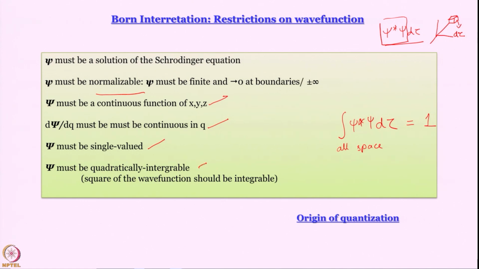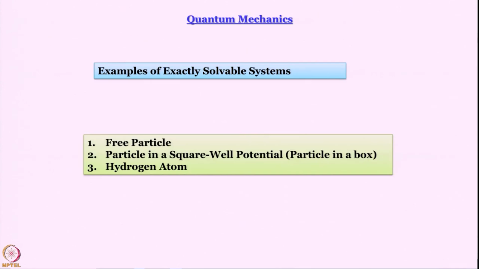These are, in a nutshell, the conditions that a wave function must satisfy, and as we are going to see in the next couple of modules, quantization arises out of the imposition of these conditions, and we will do that and we will study these 3 systems.